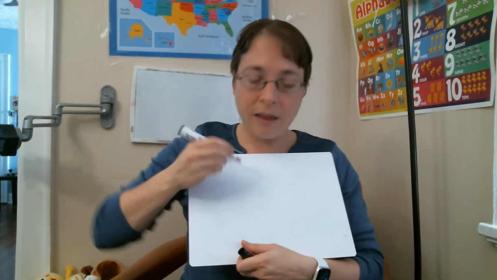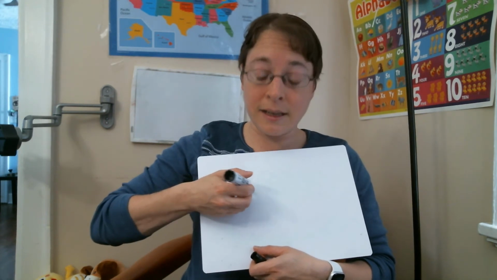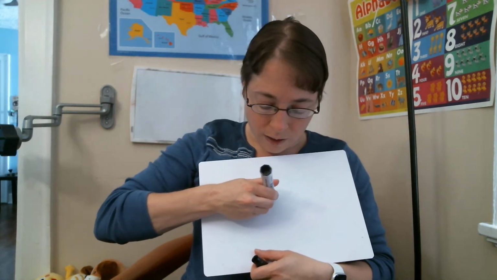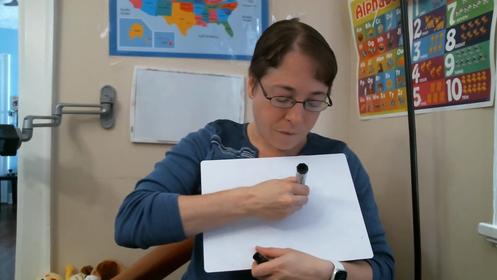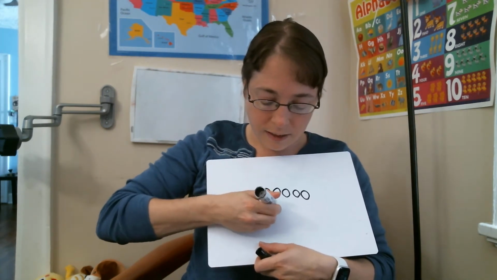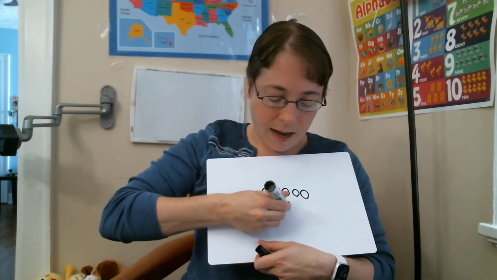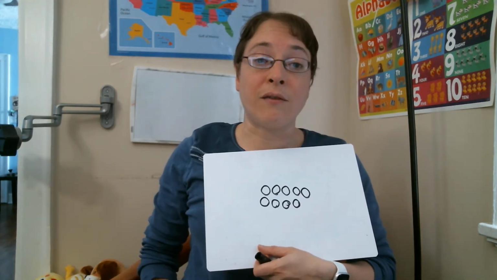I'm going to draw 9 balls the 5 group way. Do you remember what that is? We have 1, 2, 3, 4, 5 at the top, and then 6, 7, 8, 9.